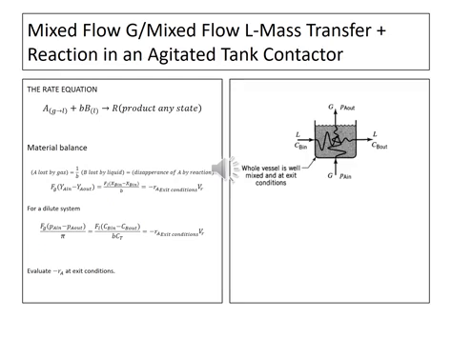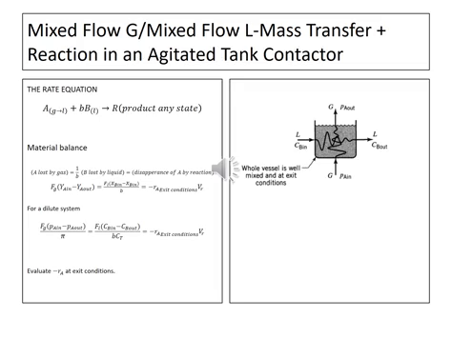The next system that you're looking at is mixed flow gas and mixed flow liquid in an agitated tank contactor, where we have both mass transfer and reaction. Same material balance: A lost by gas is equal to 1 over b times B lost by liquid, which is equal to the disappearance of A by reaction. And these will be our equations.